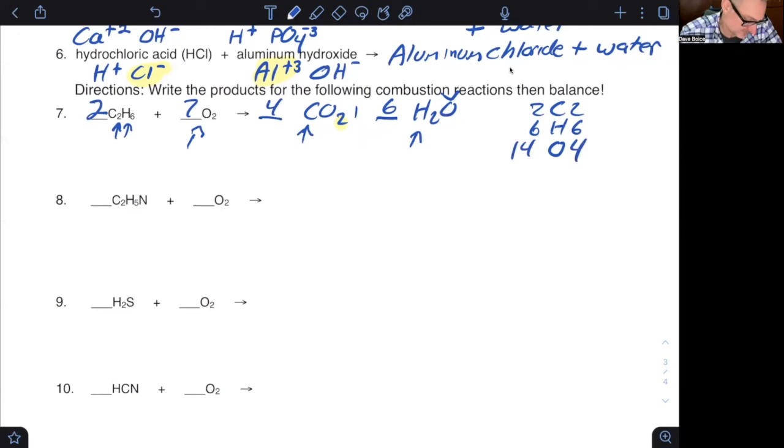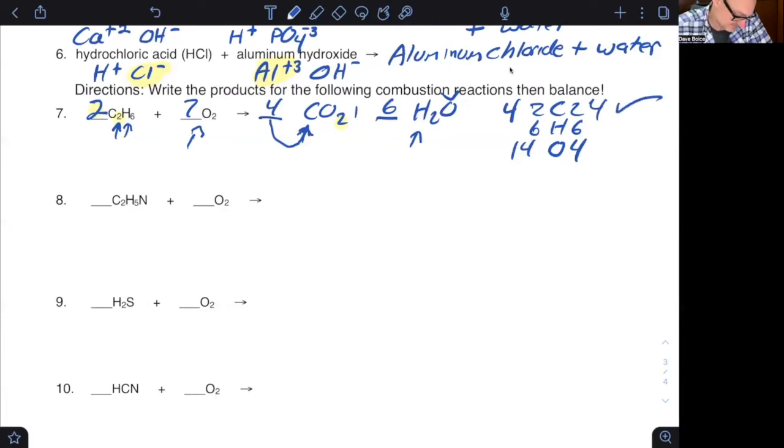And let's double check the hydrogen, make sure everything's stayed balanced, or the carbons, right? Carbon, now I have 4 because I have 2 times 2. So I have 4 carbons on this side. And here I have 4 carbons because that counts for both. So I have 4 carbons, good to go.